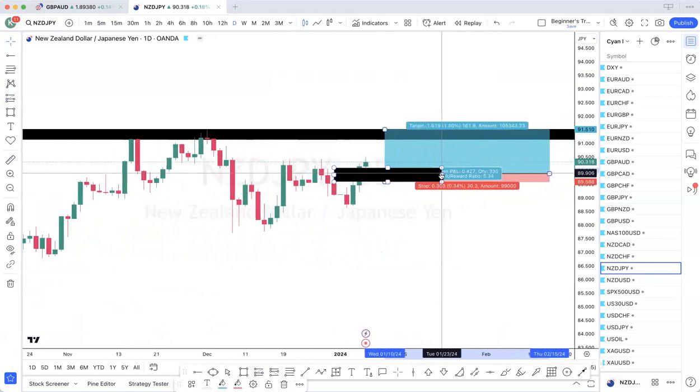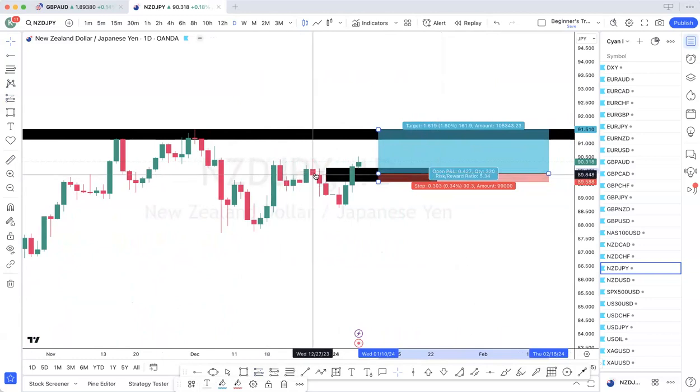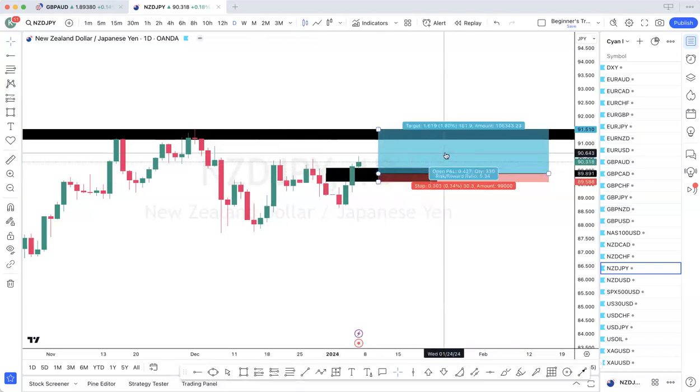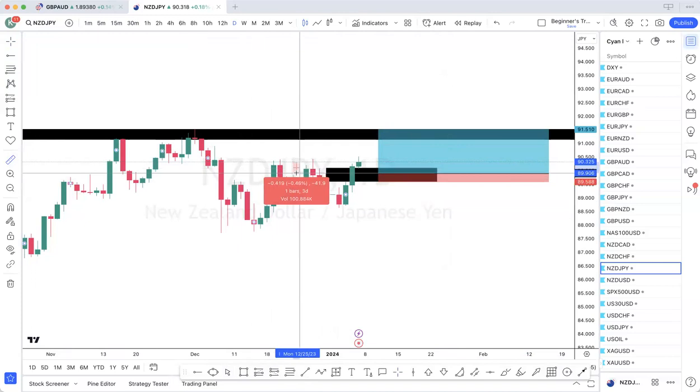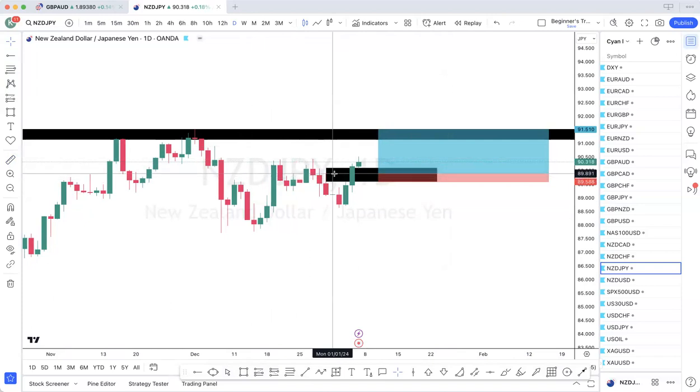Okay, but I like to at least look at price action. There's a wick right here. It might come back to this wick. How many pips is that? We're talking 161 pips. From where it is now to this wick is about 40 pips, which is about half of the imbalance.